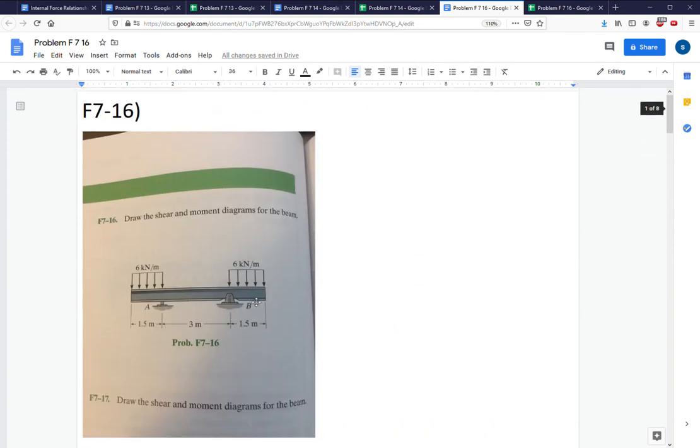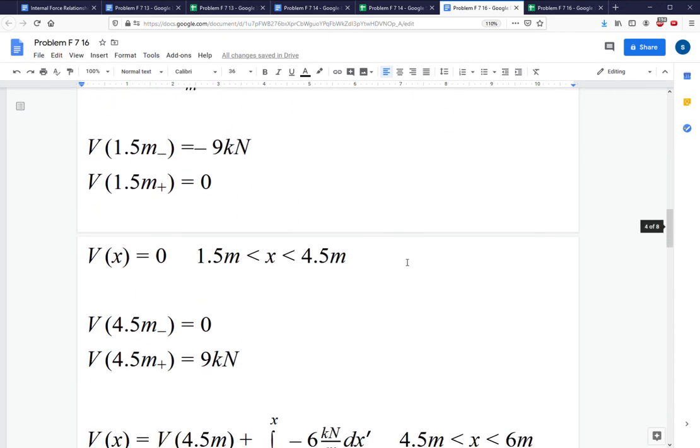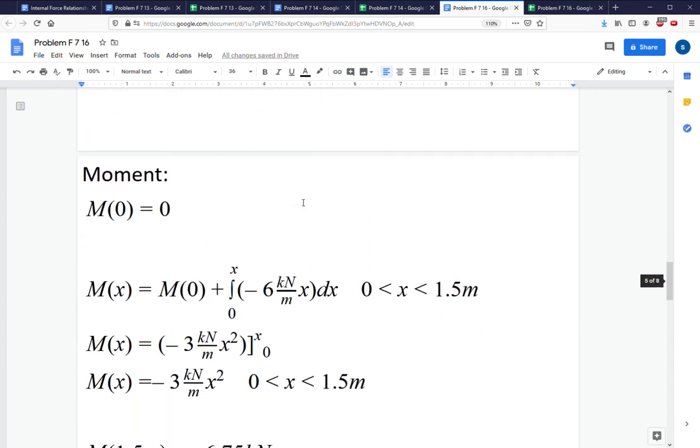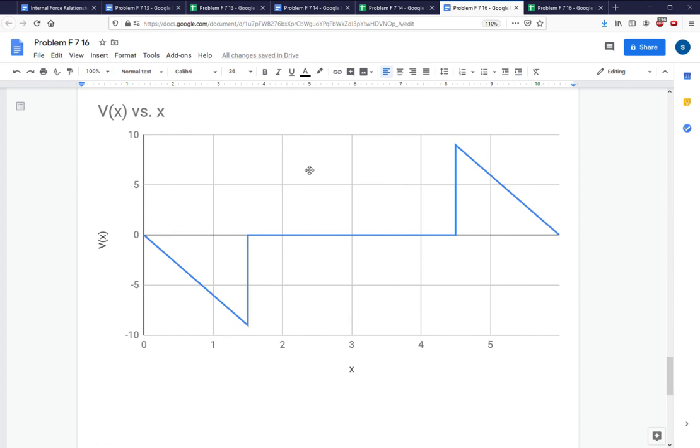And as a side note, if there's no force on the leftmost point of the beam, that shear is 0. Same is true for the right. If there's no force or no moment on the rightmost part of the beam, then the internal shear and internal moment respectively should each be 0. So two discontinuous linear sections with a 0 in between. It looks like this.